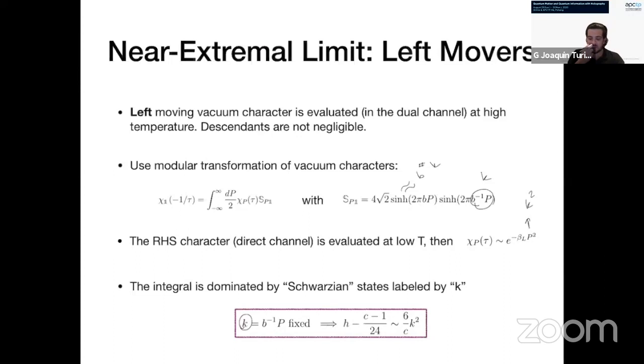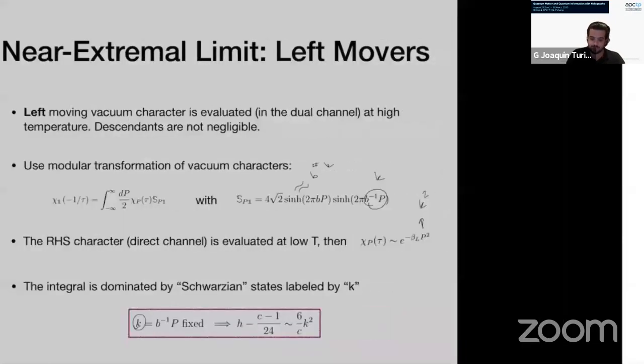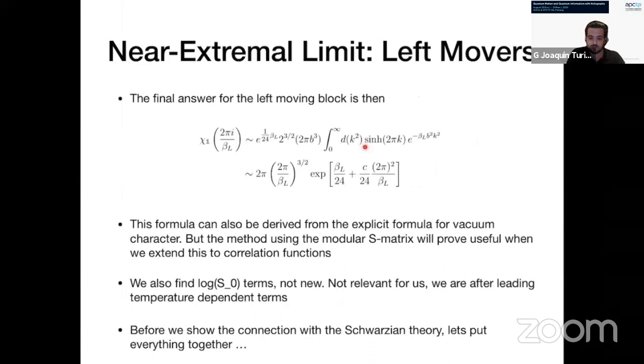So K squared is what we would call the energy in the Schwarzian sector. And from this formula I wrote here, you get precisely the density of states from the Schwarzian density of states. So these are all the factors that come from taking the limit.